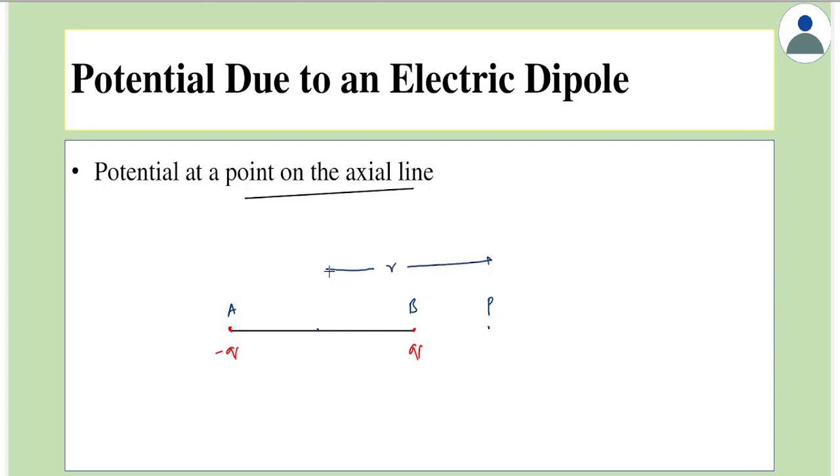We saw in the chapter on electrostatics that for a dipole, the reference point is center of dipole. We'll call this as point C.